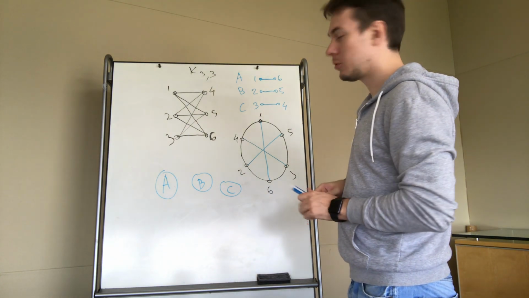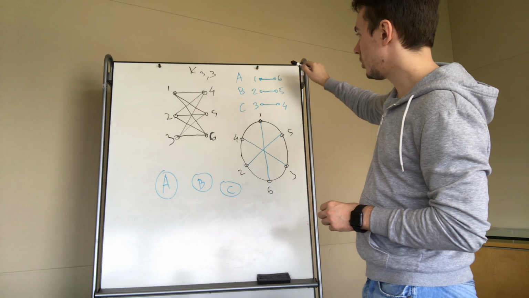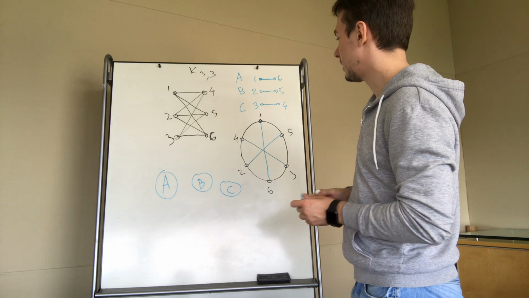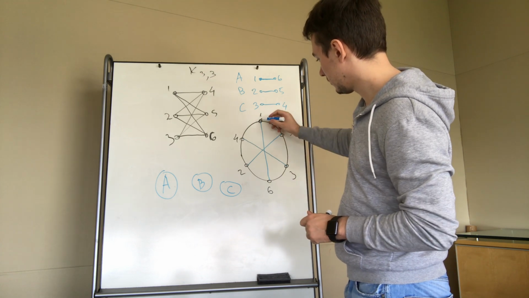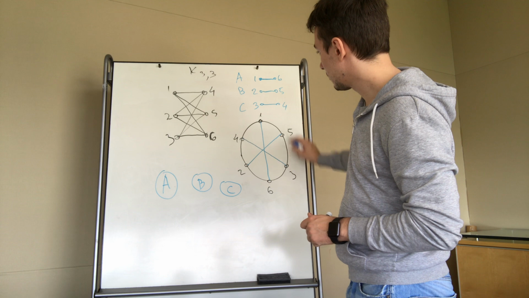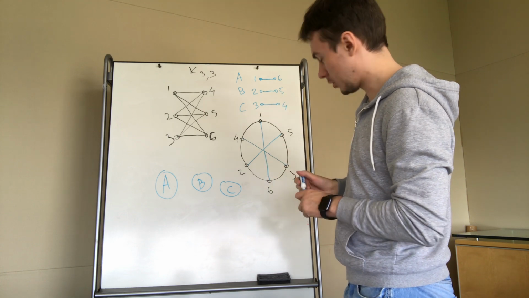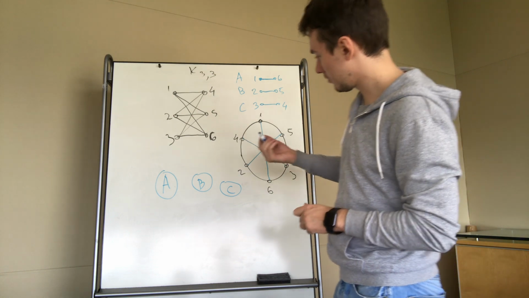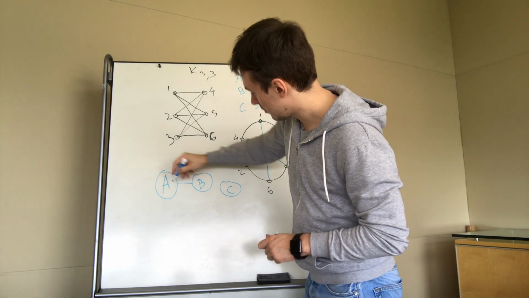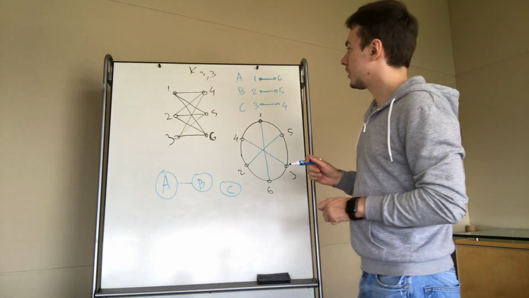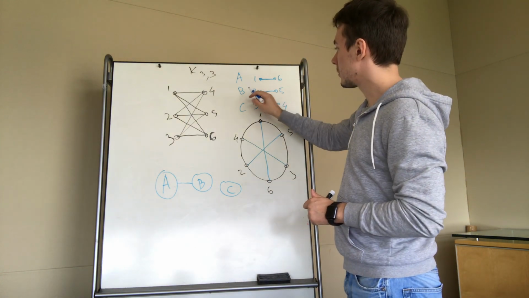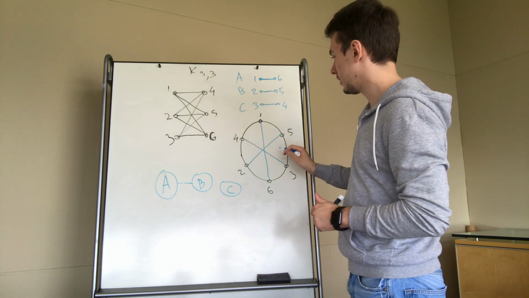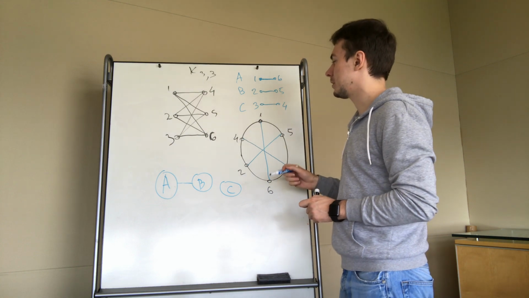First of all, as you can see, we cannot draw subgraphs A and B in one subsurface, 1, 6, 2, 5, because this drawing will have intersections. We cannot draw subgraphs B and C in one surface, because they will have intersection as well.